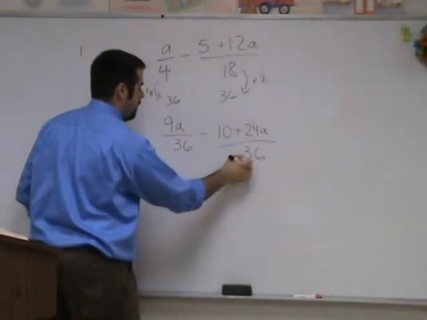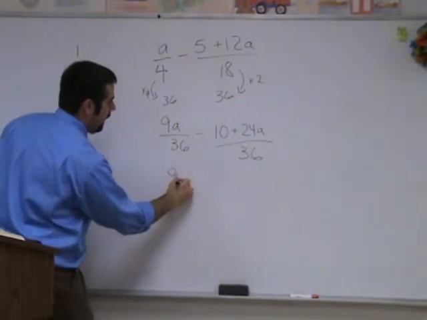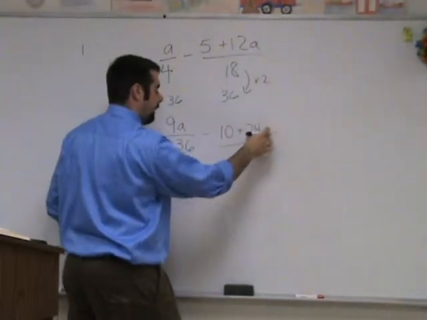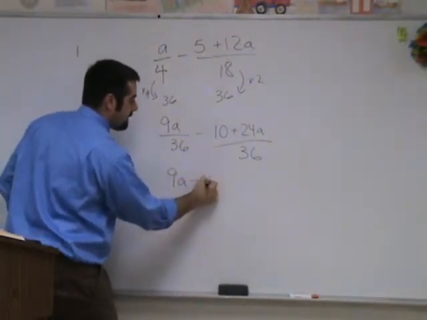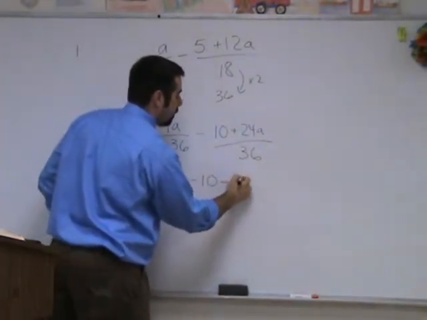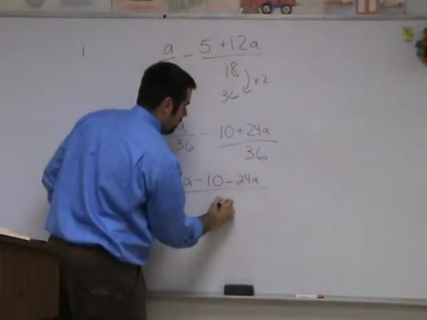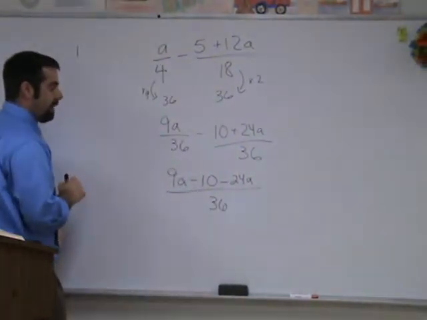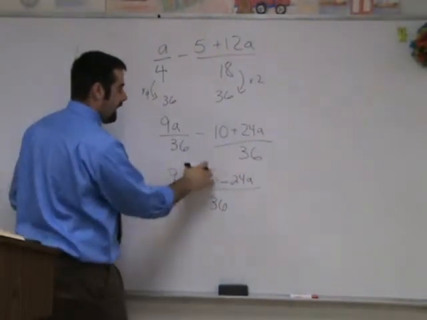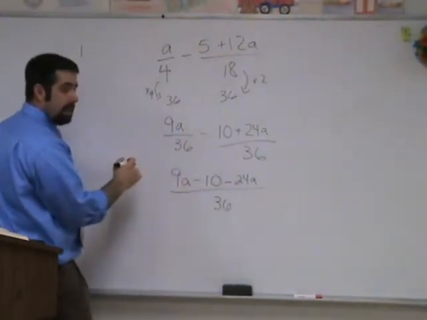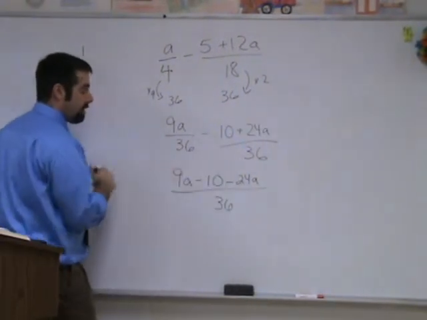Denominators are the same, so I can add them. 9a. Now be careful. When I subtract here, I'm subtracting this whole numerator. So I'm subtracting the 10, but I'm also subtracting the 24a over 36. Now, you might be tempted to start canceling, let's say the 10 and 36. Remember, the numerator has subtraction in it, but I can't reduce when I have that subtraction there.